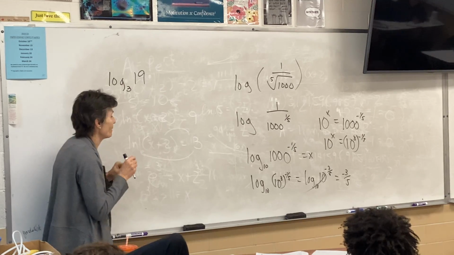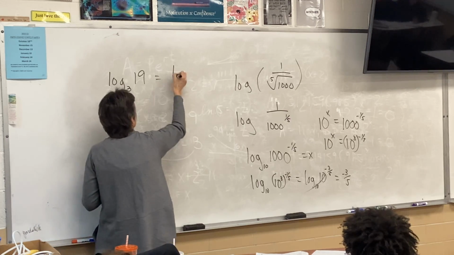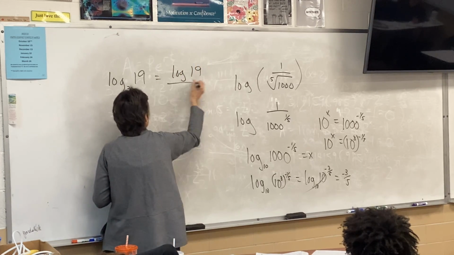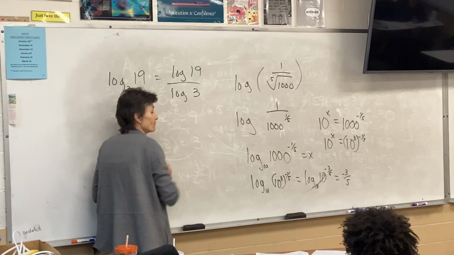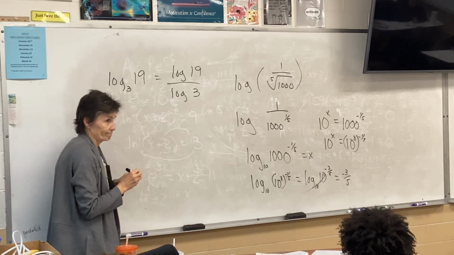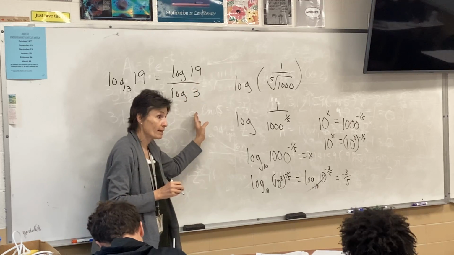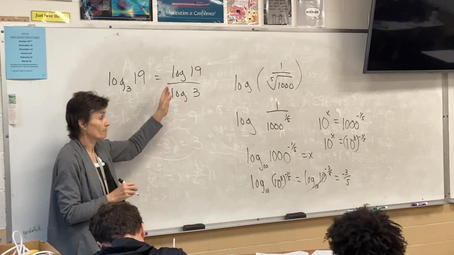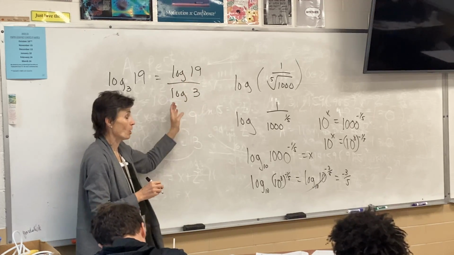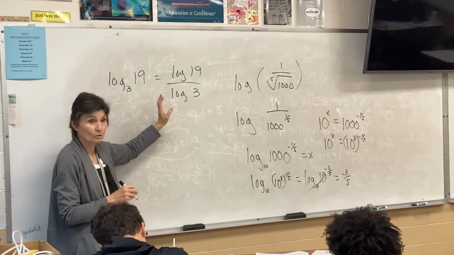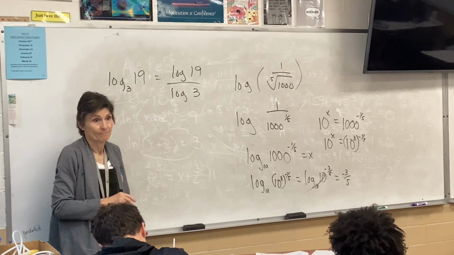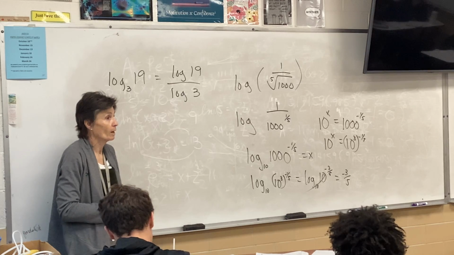The change of base formula tells us it's log 19 over log 3. And that could be ln 19 over ln 3. It could be log base 7 of 19 over log base 7 of 3. That will change it, whatever base you want.